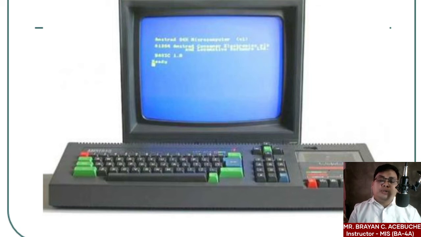Now, desktop computers, gaming consoles, sound and navigation systems of a car, netbooks or notebooks, personal digital assistants, tablet PCs, smartphones, and calculators are all types of microcomputers.